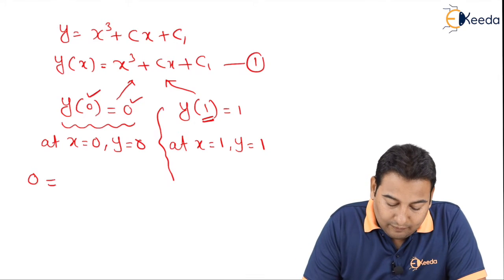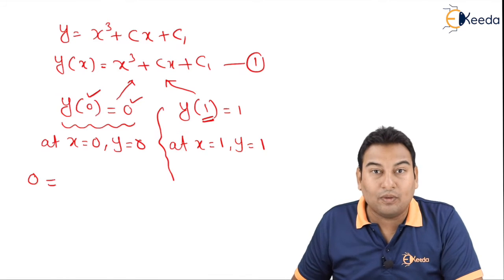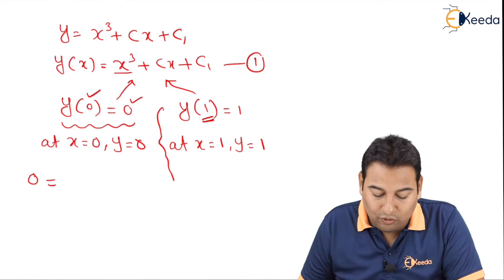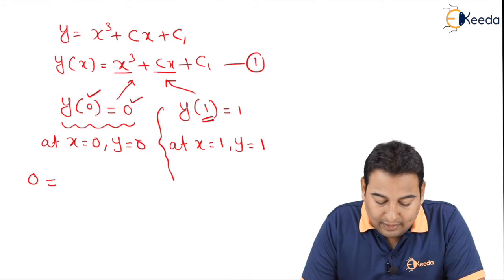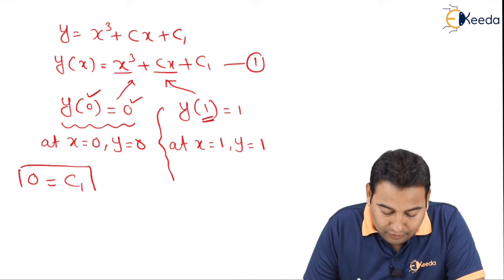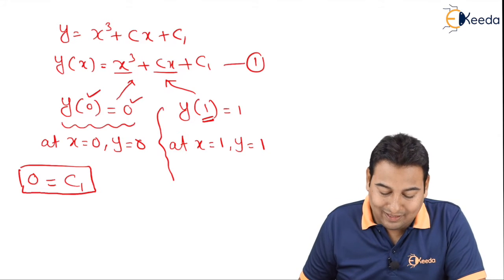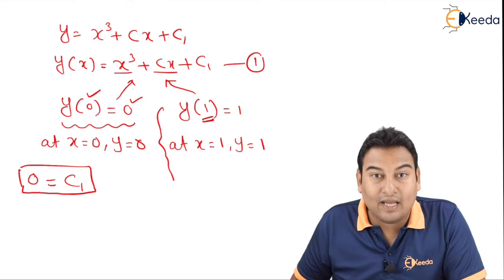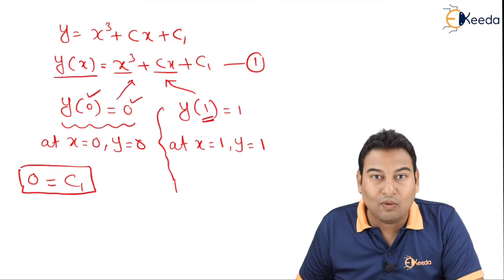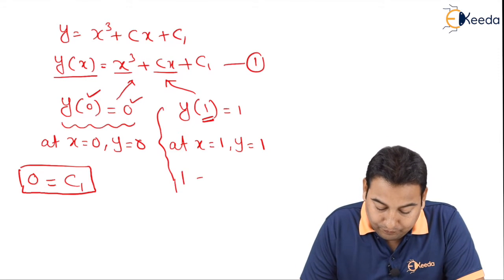Right hand side, x cube. If I substitute x as 0, that will be 0. Cx, this term will be 0 because x is 0. Finally c1. Therefore c1 is equal to 0. Let us substitute x equal to 1, y equal to 1. Left side this will be 1.